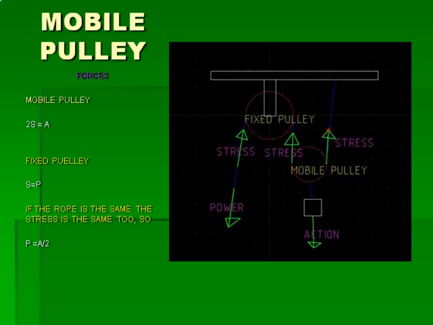So the action is two stresses. In the fixed pulley, the power is one stress and the rope is the same. So the power I have to do is half of the action.